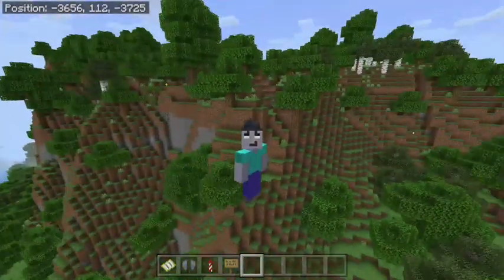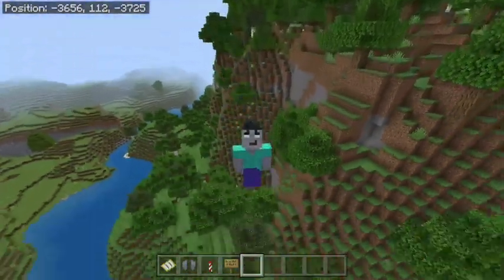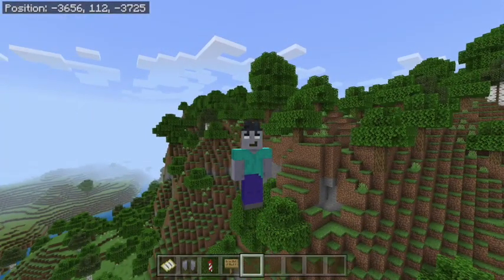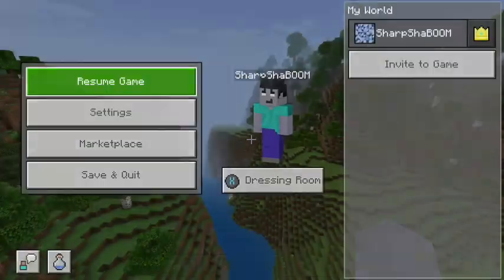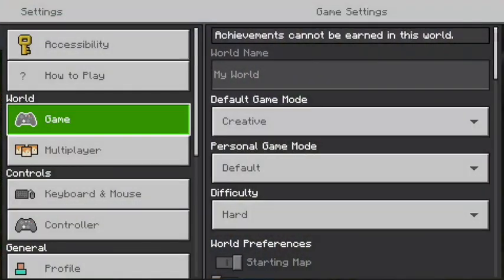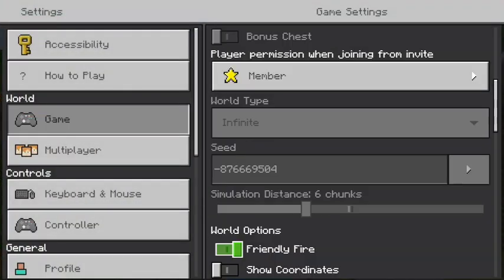So the first thing that I want to get out of the way here is how you find your Y coordinate. My Y coordinate, for example, is 112 right now. I'm currently on Bedrock, and to see your coordinates on Bedrock, you just go to General Game Settings, and then go down to Show Coordinates.